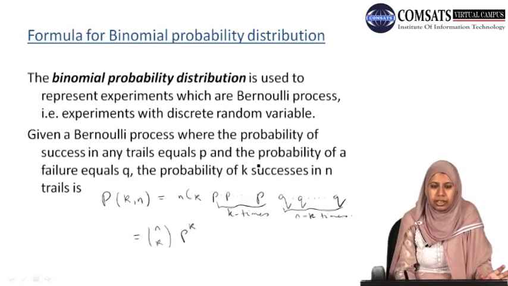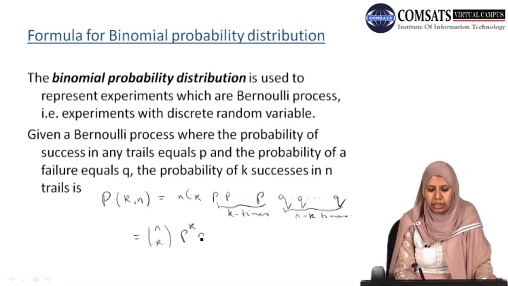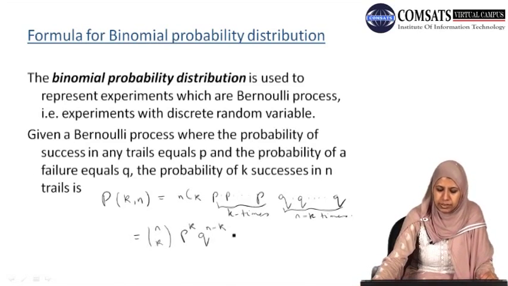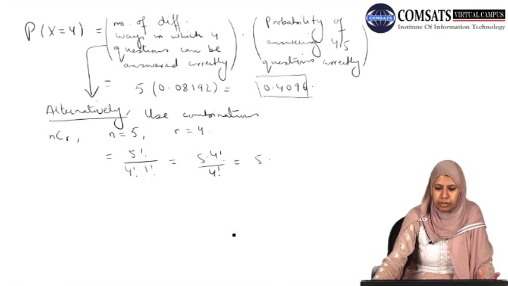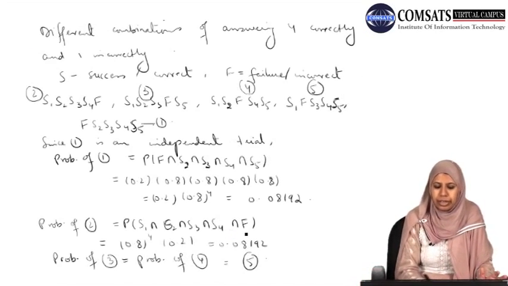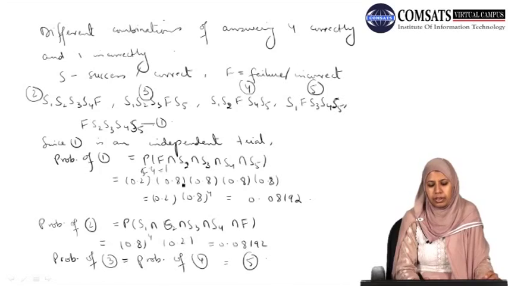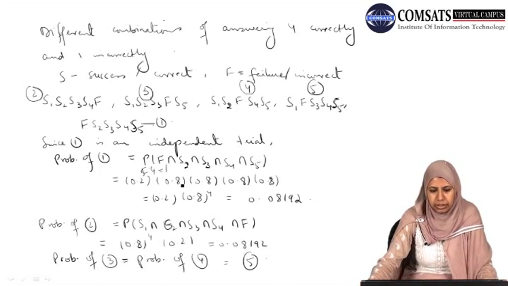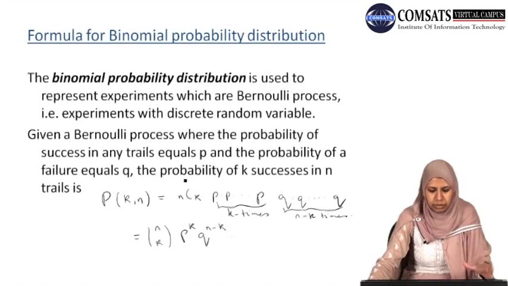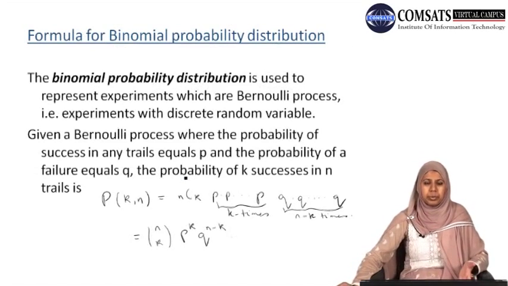We have K times success in N trials, that is P to the power K, into the product of the probabilities of failure, N minus K. In our previous example, the number of failures was only 1, so it was equal to N minus K, 5 minus 4, which is equal to 1, and the product of the probabilities of success, it was 4 times, so 0.8 to the power 4 and 0.2 to the power 5 minus 4, and the combination in front of them, that is this number of ways. So this is the general formula for the binomial probability distribution.